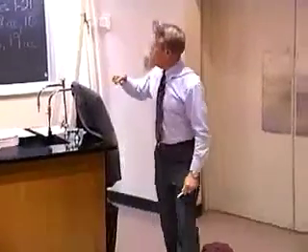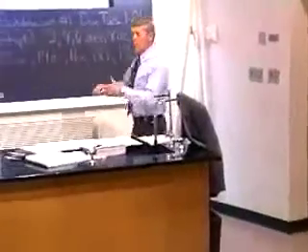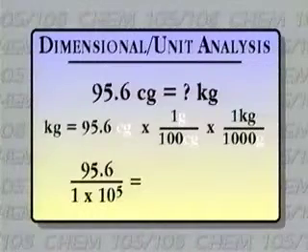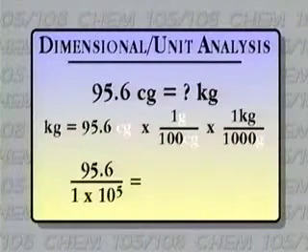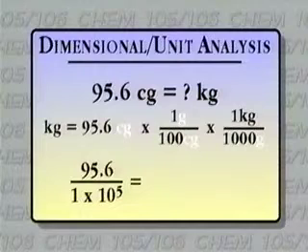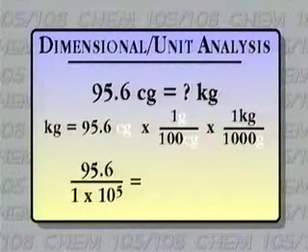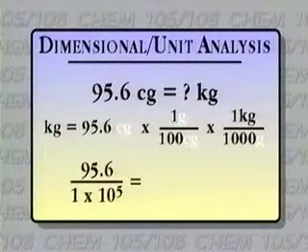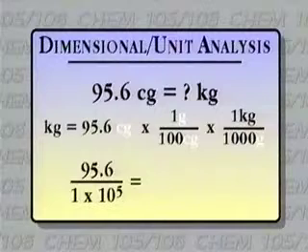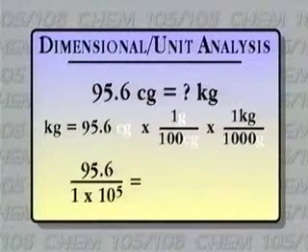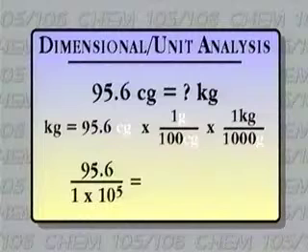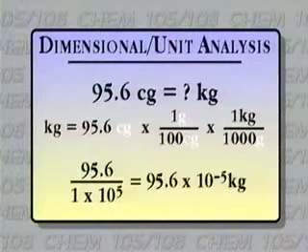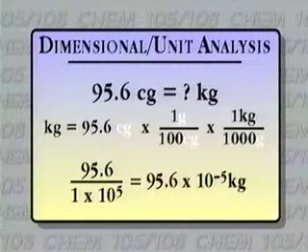So, in this case then, we now have completed the unit part of it. We would now have the mathematics part of it, and we would end up with an answer of 95.6 divided by 1,000 times 100, or 1 times 10 to the 5th. So 95.6 divided by 1 times 10 to the 5th would be equal to 95.6 times 10 to the minus 5th kilograms.